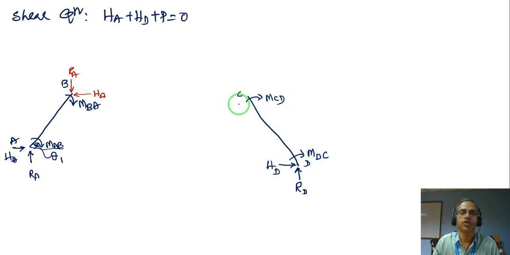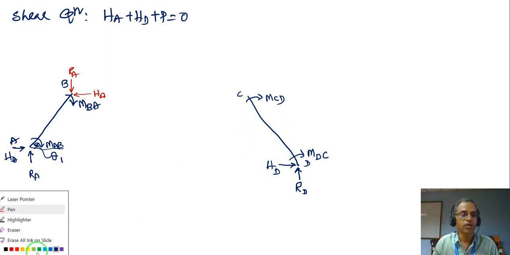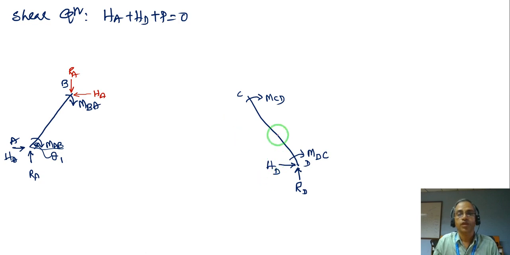We assume all moments are clockwise right now. For equilibrium, for this particular HD there must be an equilibrating horizontal force. Now RD should have a downward reaction here.